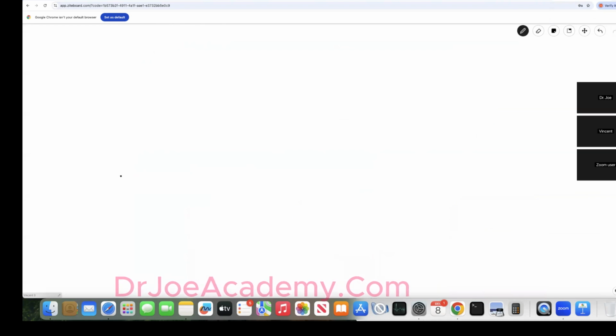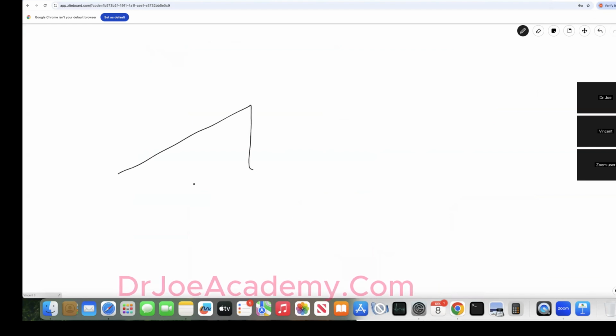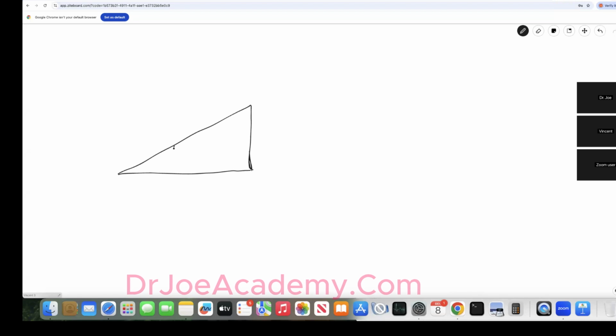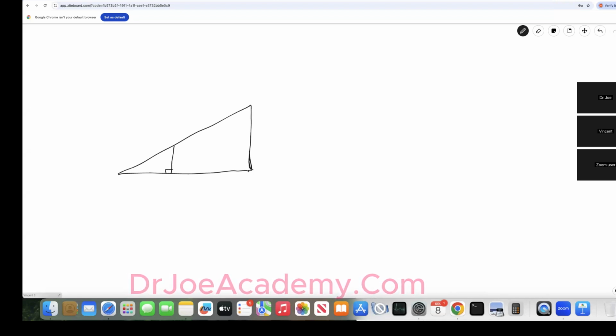So let's say that I have some triangle, and forgive its tail there. And then let's say that I have this other one, and there's a right angle here.